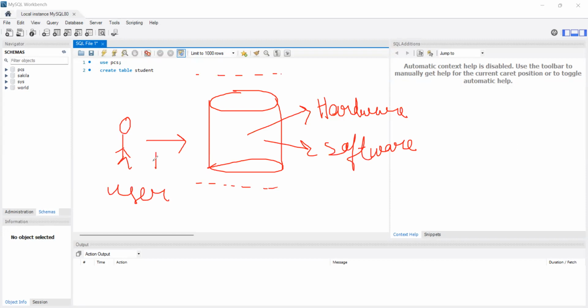Obviously the user inputs data, and there is a procedure by which the user inputs the data into your system.